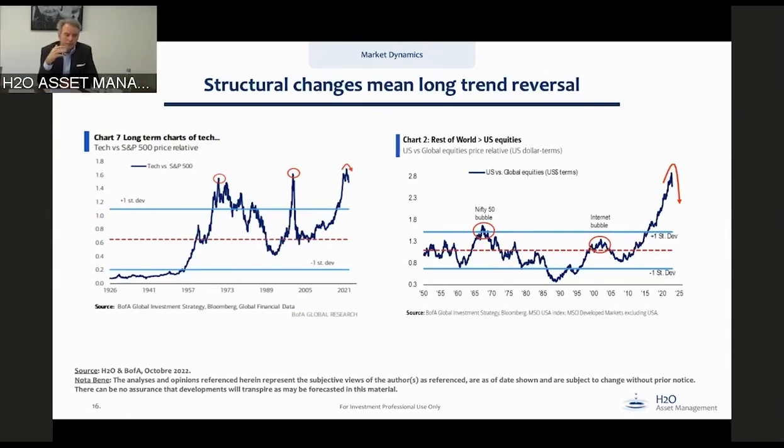So basically NASDAQ against S&P 500. And you can see that this is really supported by interest rate cycles. Interest rate cycles play a major role when it comes to comparing the S&P 500 and the techs. And you can see that there is a major turnaround taking place.